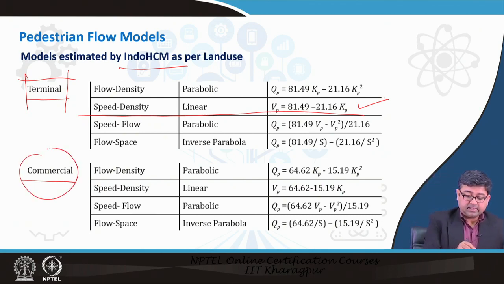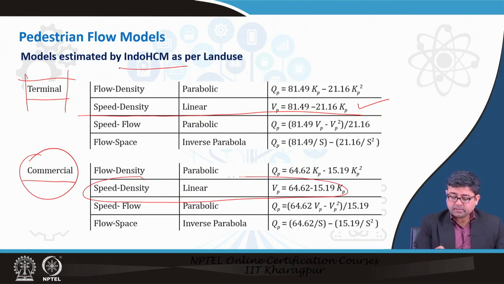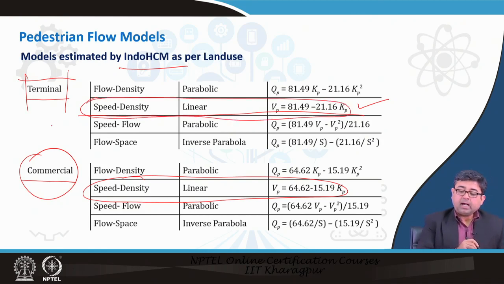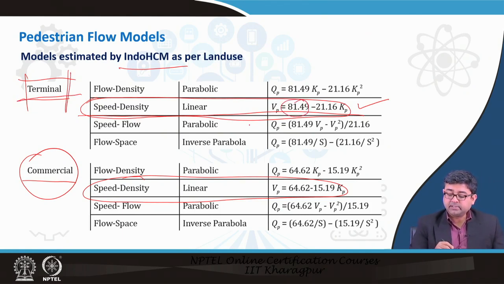Whereas, if the facility is in a commercial place, like a sidewalk in a commercial place, then you see that the speed density relationship is 64.62. What this should immediately tell you is that at terminal places the free flow speed of pedestrians is higher than at commercial places.